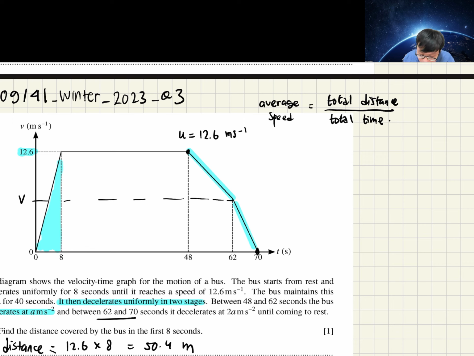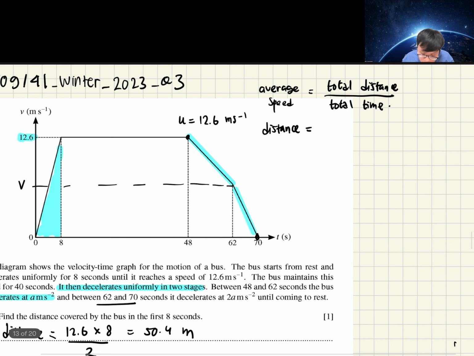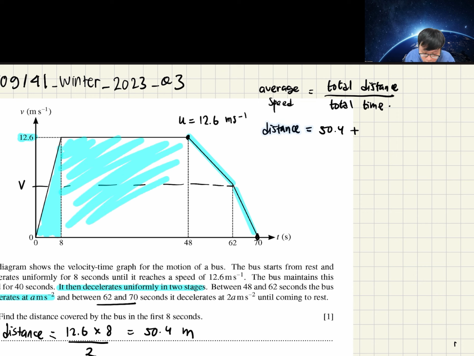You just need to find the total distance, which is just the area under the line. The first area was already calculated, which is 50.4, plus the second area, which is a rectangle. So you just need to multiply 40 times the height, 12.6.